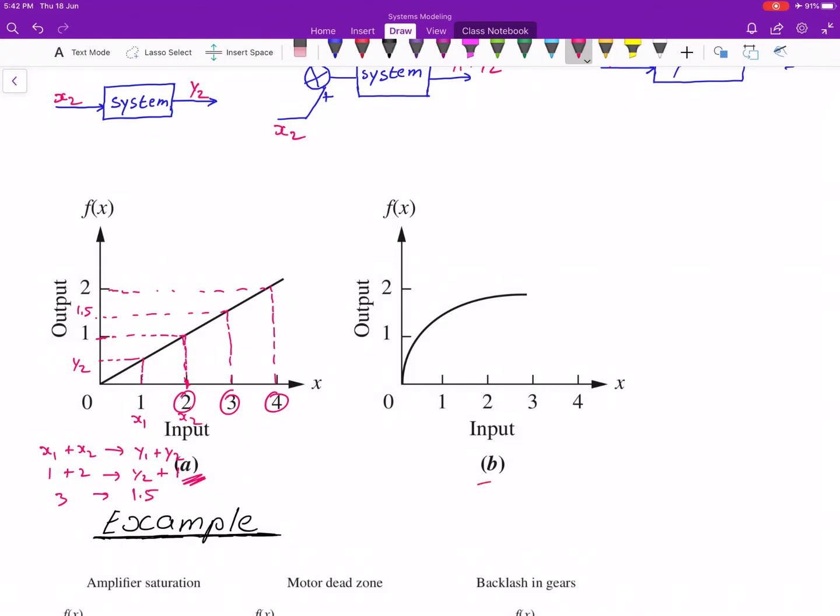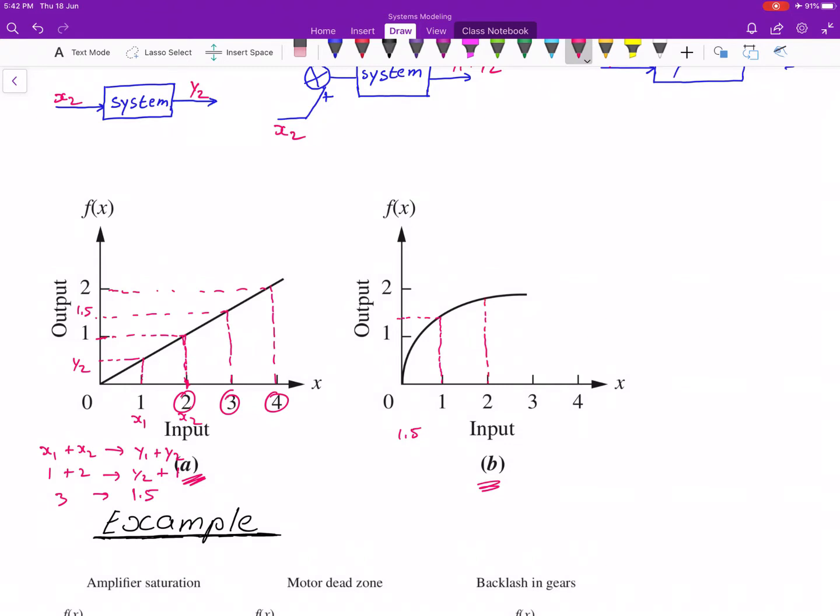Our second diagram, as we can see, does not comply with the linearity property. If we take, for example, our input as 1, let's assume that the output is maybe 1.5.